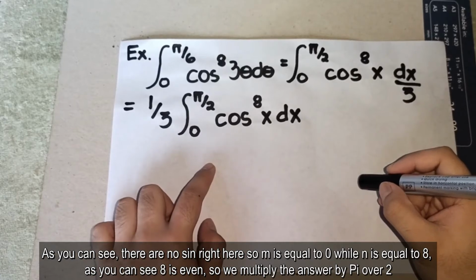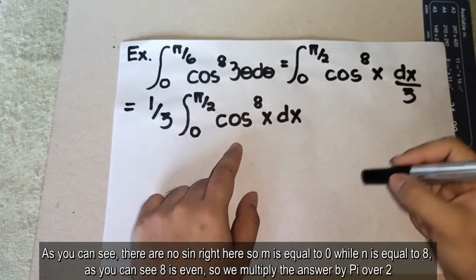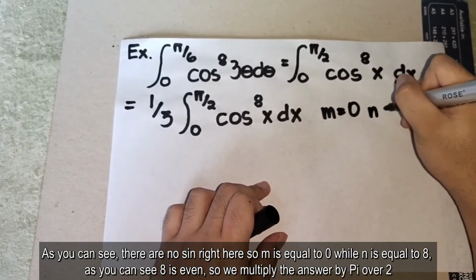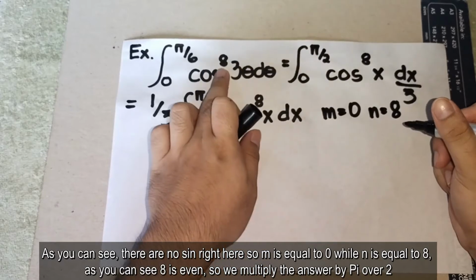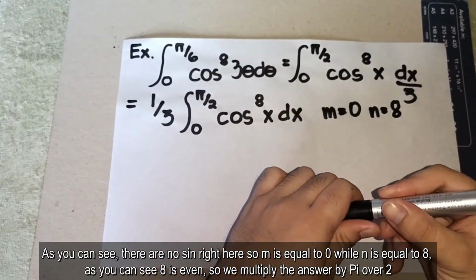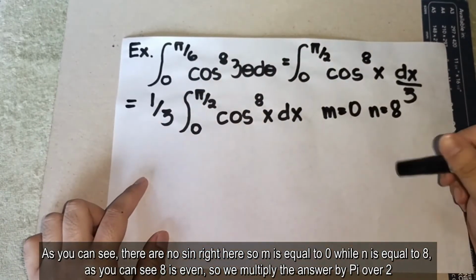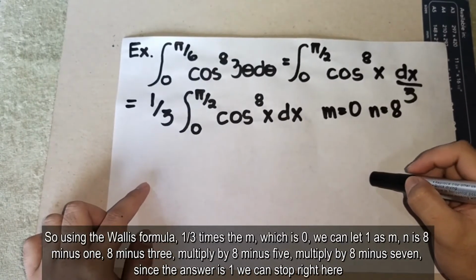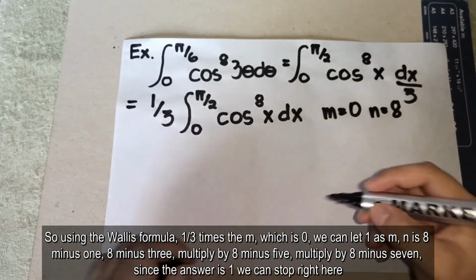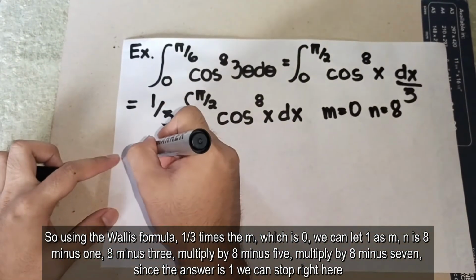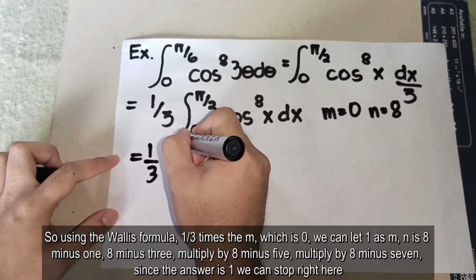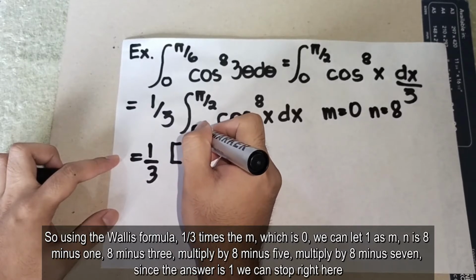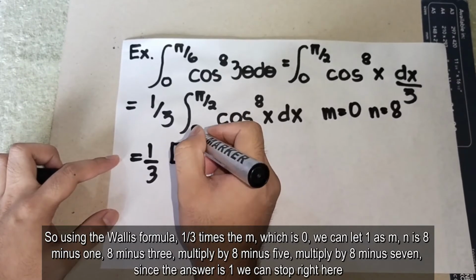As you can see, there is no sine right here. So, m is 0 while n is 8. As you can see, 8 is even, so we multiply the answer by pi over 2. So, using the Wallis formula, 1/3 times the m, which is 0, we can let 1 as m.